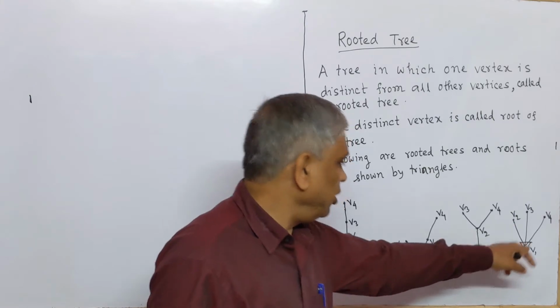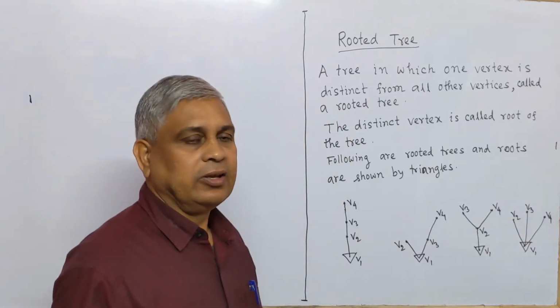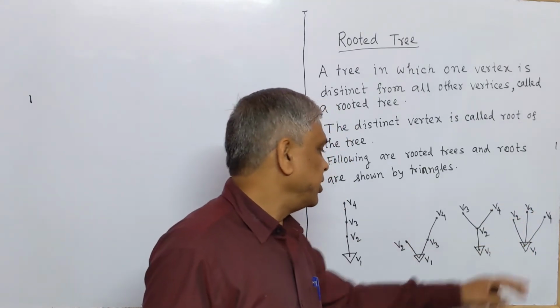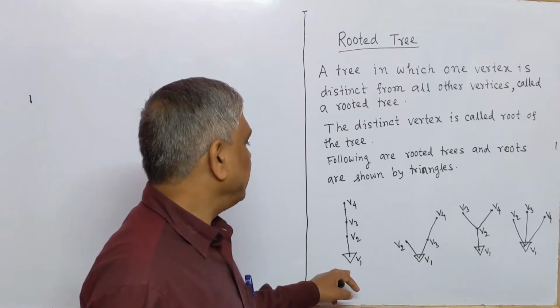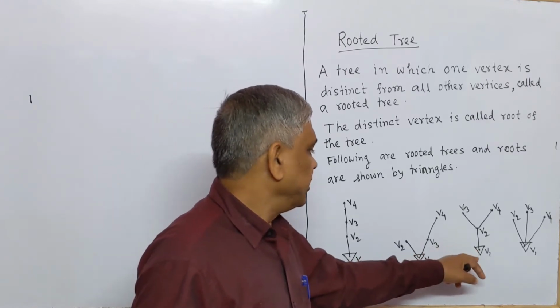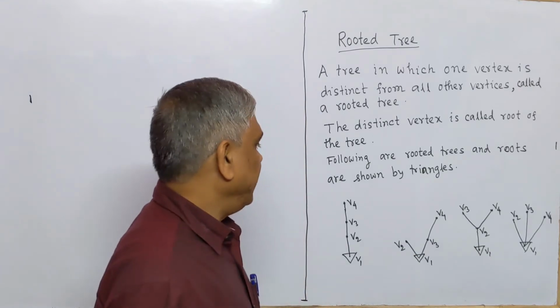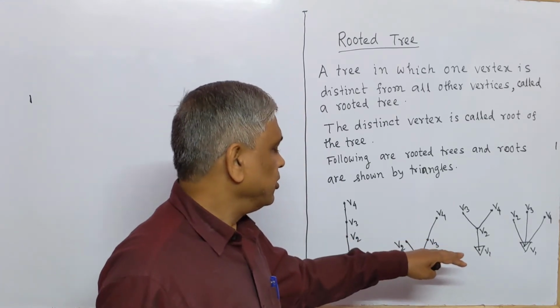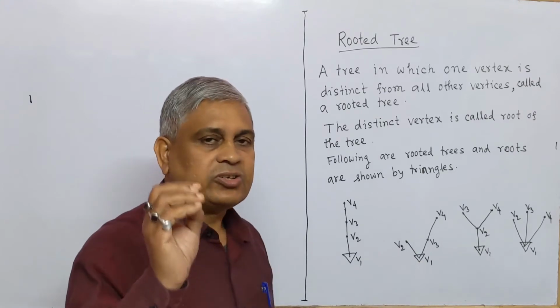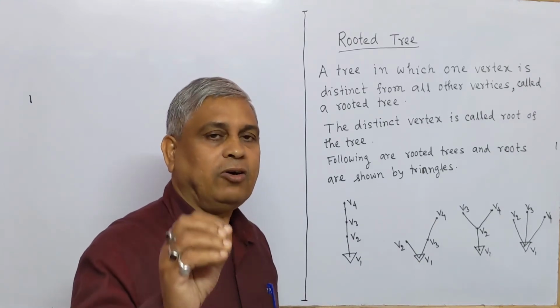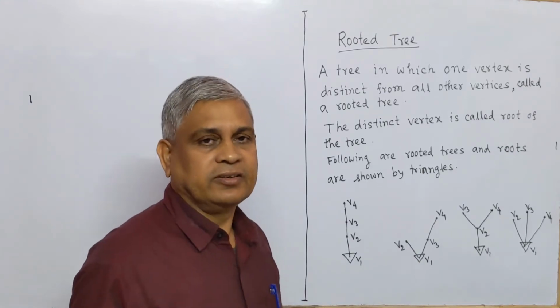In all trees, V1 is the root, and V1 has a distinct identity, and all are trees. So these trees are all rooted trees.